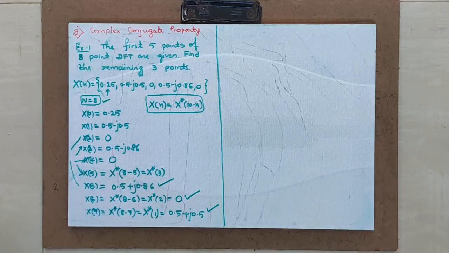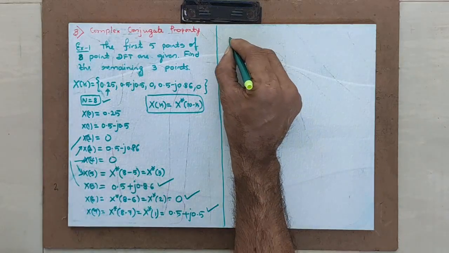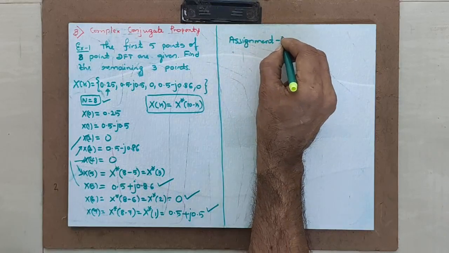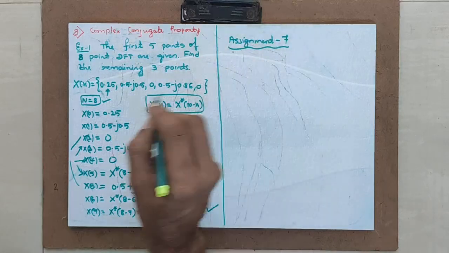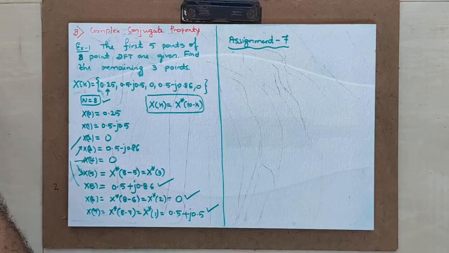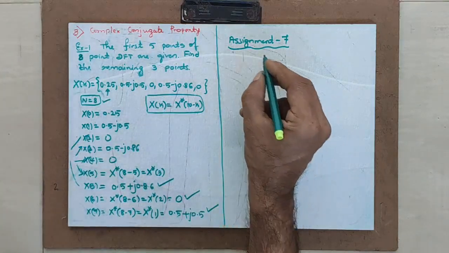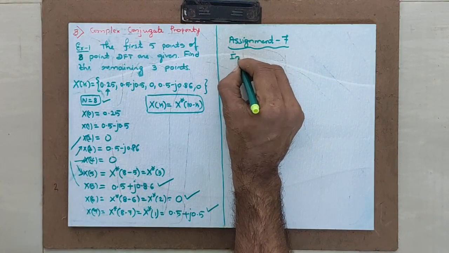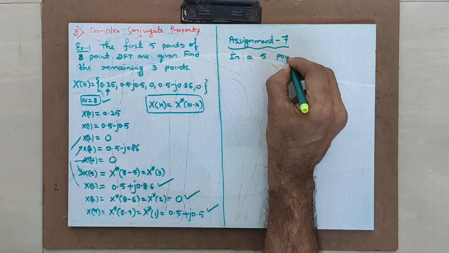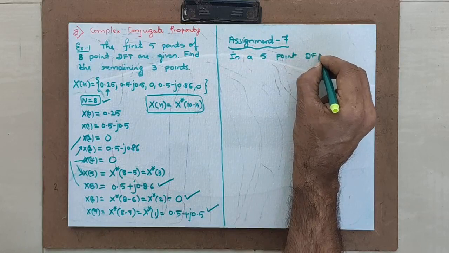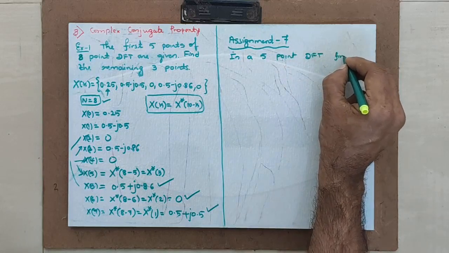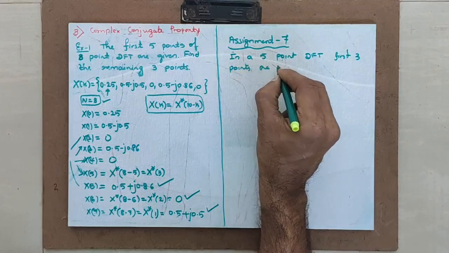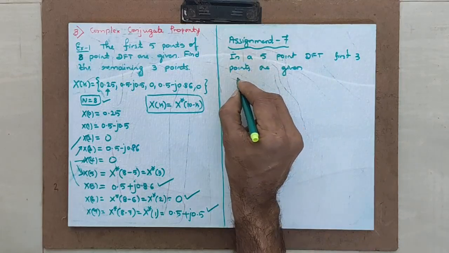Now I am just giving an assignment here. Try to solve this assignment. Assignment 7. You are given a 5-point DFT. In a 5-point DFT, the first 3 points are given.